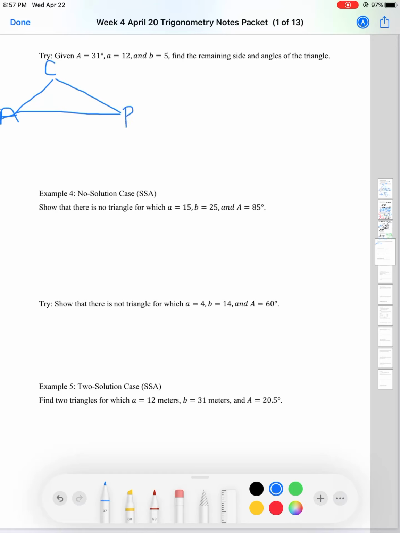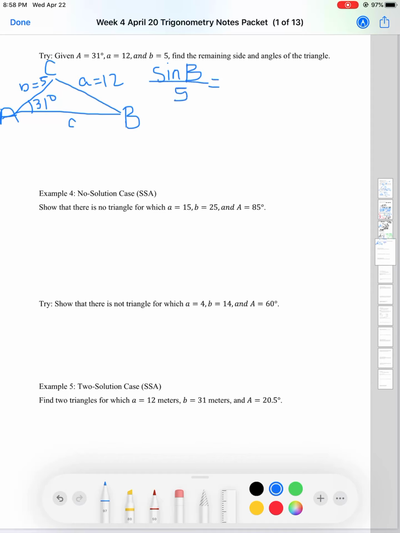If this is A, this is C, this is B. A is 31 degrees. Side A is 12. Side B is 5. And there's side C. It's going to work almost exactly the same way as the last one. So I'm going to go a bit faster.